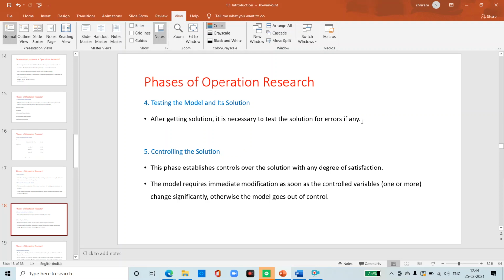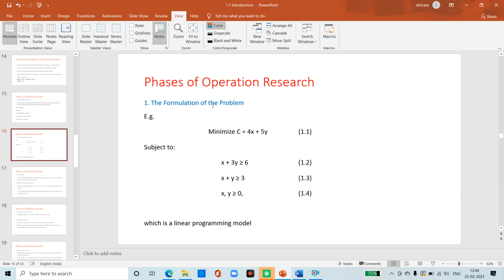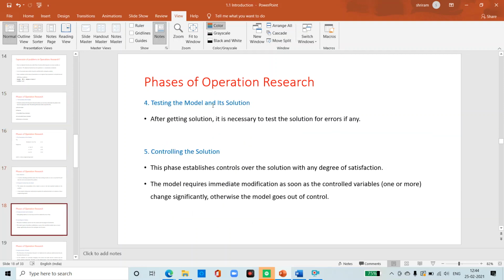So in the testing, we are checking the formulation of the problem and comparing it with the model, which may help to reveal any mistakes. The next is controlling the solution.